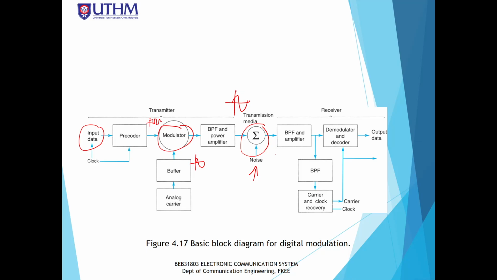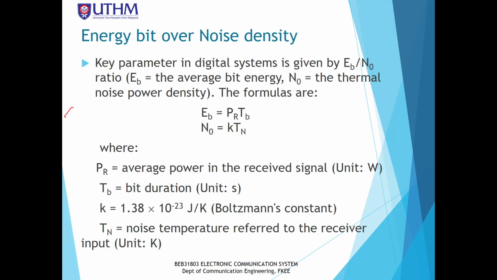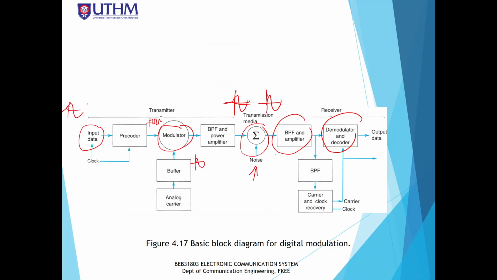Here we are transmitting an analog signal, but the analog signal carries digital data. It is received at the receiver, then we filter out and amplify, and then we do the demodulation process. Then we can have the output. Again, if the input is analog, that means we are going to produce analog at the output.